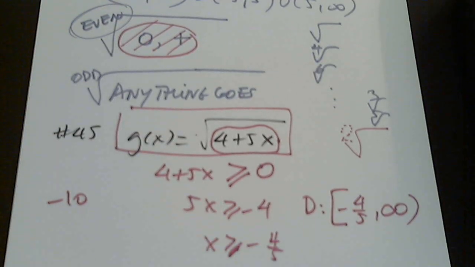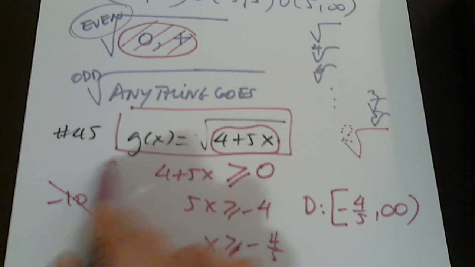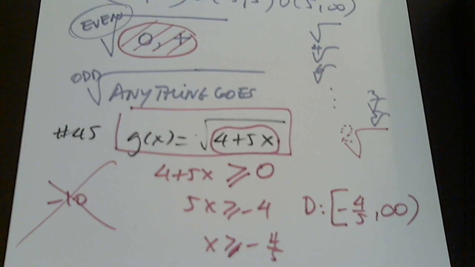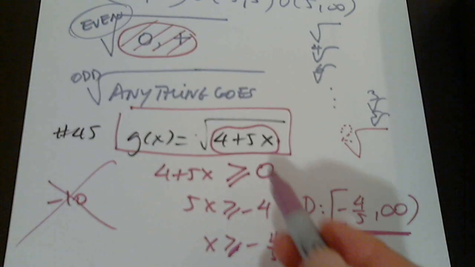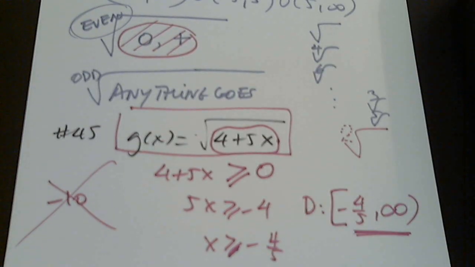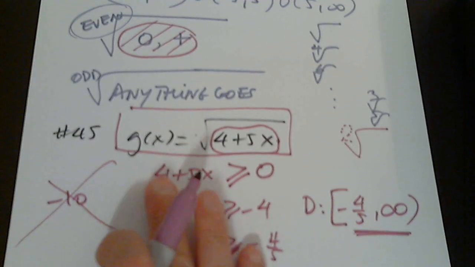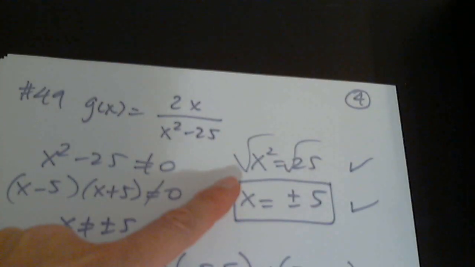I cannot take the square root of -46 and give you a real number. So ask me something else. Ask me to evaluate the function, but choose numbers here. If you say 0, yeah, I can. The square root of 4 is 2. It's not plus or minus 2. Be careful. This is a different story.